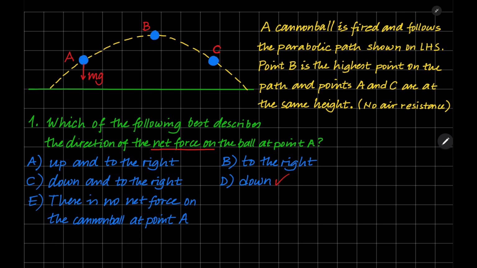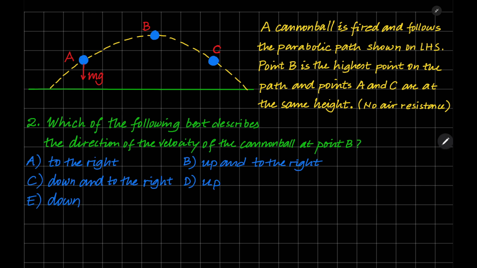Now let's go to the next multiple choice question considering the same figure. Question 2. Which of the following best describes the direction of the velocity of the cannonball at point B? Direction of the velocity of the cannonball at point B. As you know, we have two components of the velocity.